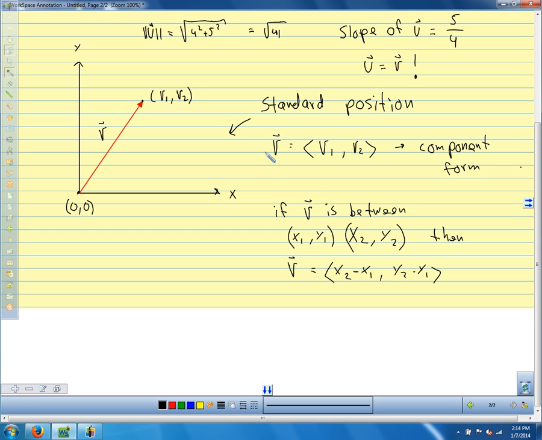And the magnitude of a vector in standard position, we just use the distance formula, and if we're in standard position, our initial point is 0, 0, so the magnitude of v is just the square root of v1 squared plus v2 squared.